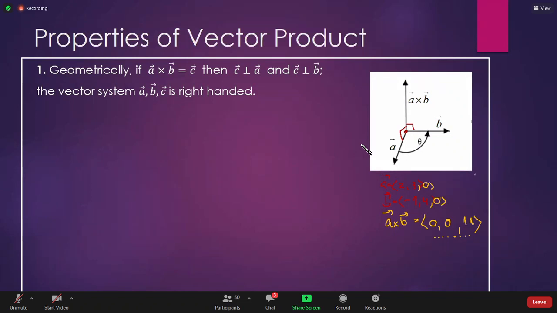Remember, we had this three-dimensional system in which we depicted the endpoint of the vector. So what happens with the right-handed system is, if I go from A to B, then from B to C, then from C back to A, through the smallest angle, evidently, then we go in the positive direction, counterclockwise.